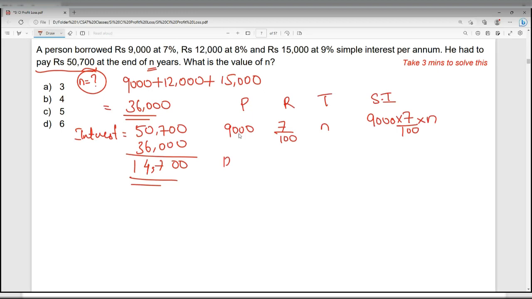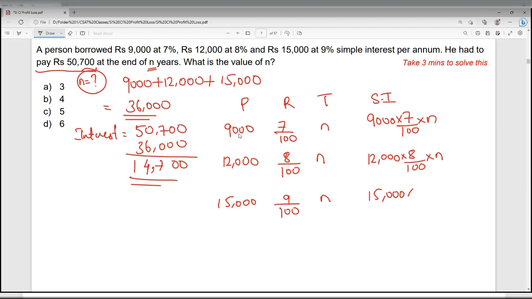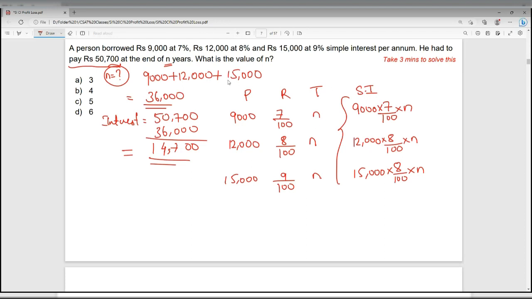And then 12,000 at 8%, n, 12,000 into 8 by 100 into n. Then the third is 15,000, that is at 9%, again for n years, 15,000 into 9 by 100 into n. So this is the total interest that he has paid, and that is equal to 14,700. So I would equate this here. Before bringing it here itself, I'll cancel these two zeros.